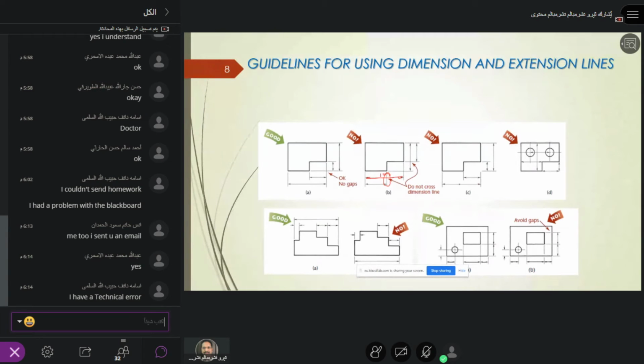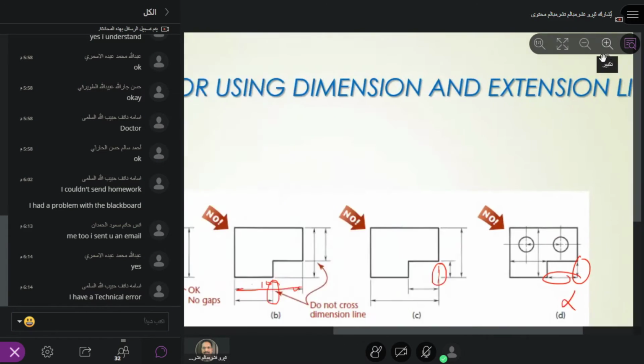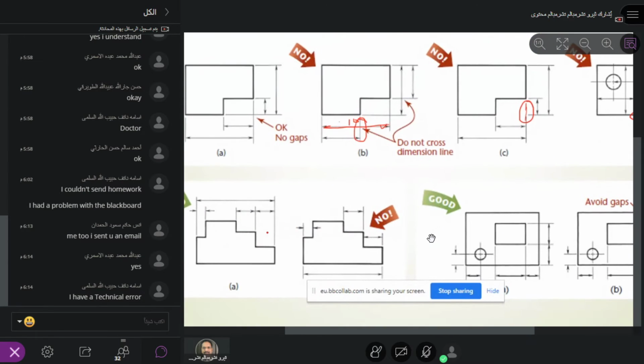And this is also not accepted, you see here, this line does not stop here. It's wrong. And also, one dimension line and another dimension line should not cut each other like this. This is also wrong.